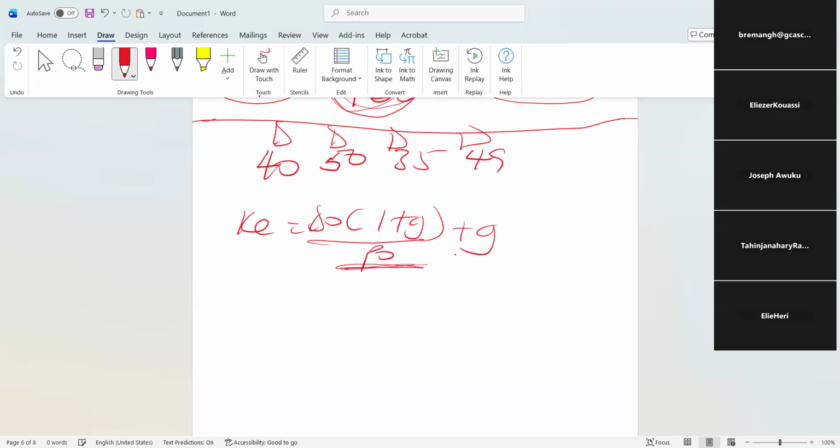But when you see that he's not giving you dividends, and he's talking about beta and risk free, then you need to calculate this KE using the CAPM formula.